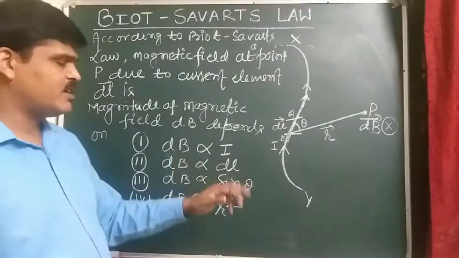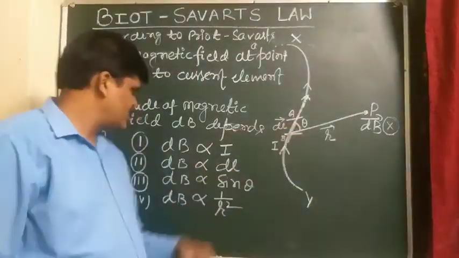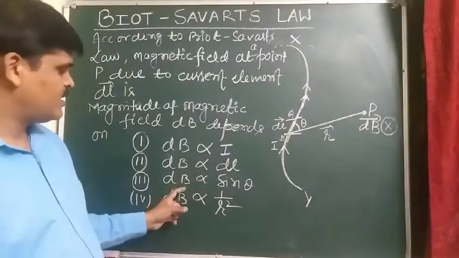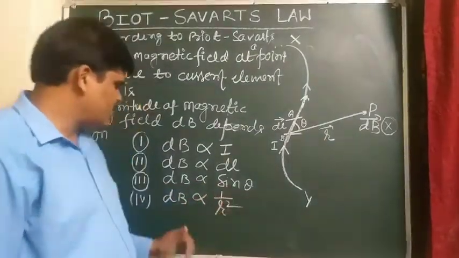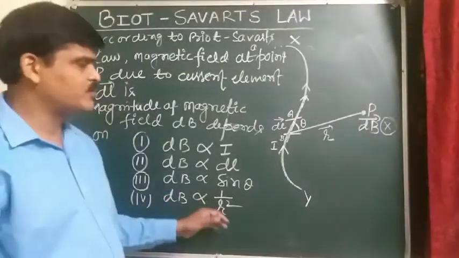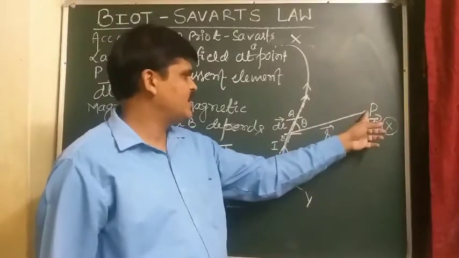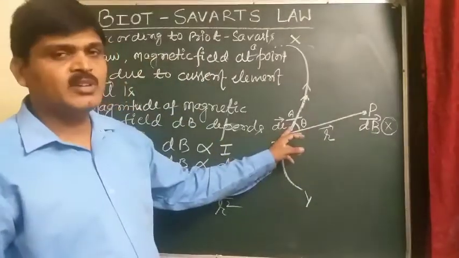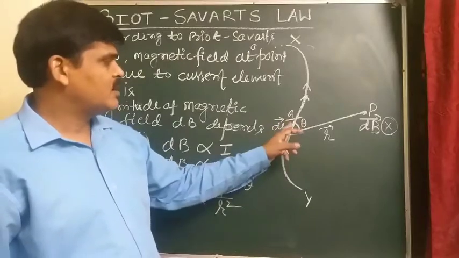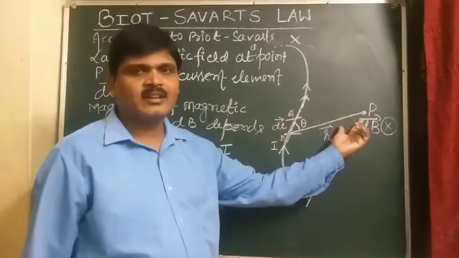The magnetic field is directly proportional to the length dl of the current element. The magnetic field is proportional to sine theta, and the magnetic field is inversely proportional to the square of the distance between point P and the current element. And student, it must be remembered that here theta is the angle between dl and r.